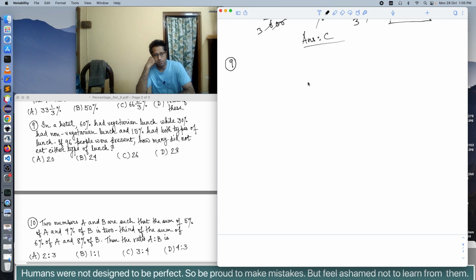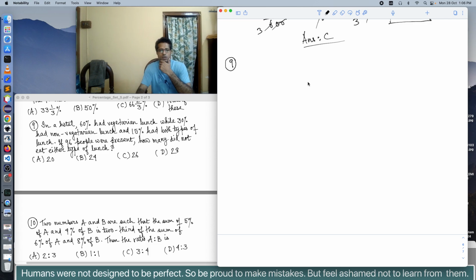If 96 people were present, how many did not eat either type of lunch? Now, in a hotel, 60% had vegetarian lunch, 30% had non-vegetarian lunch, and 15% had both types of lunch.